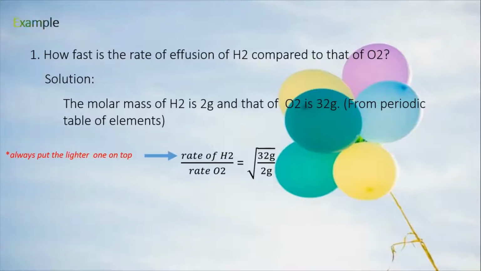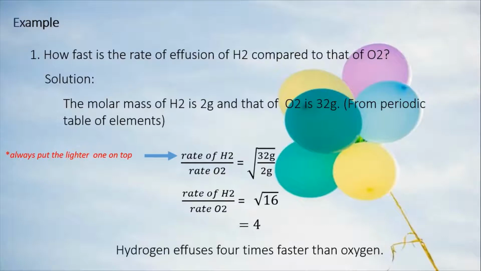Remember, always put the lighter rate on top. So 32 divided by 2 is 16, the square root of 16 is 4. Therefore, hydrogen effuses 4 times faster than oxygen.